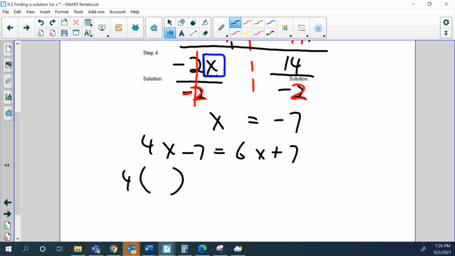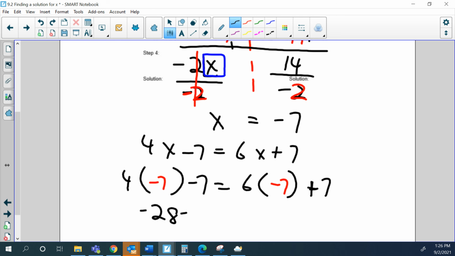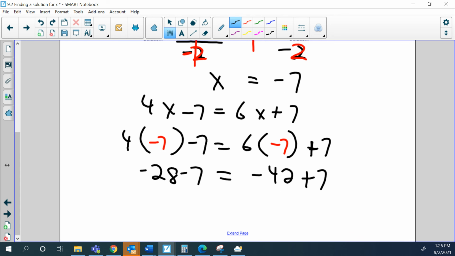I'm gonna replace the x with negative 7, minus 7 is equal to 6, replace the x with negative 7, plus 7. 4 times negative 7 is negative 28 minus 7 is equal to 6 times negative 7 is negative 42 plus 7, and that is equal to negative 35 and negative 35.